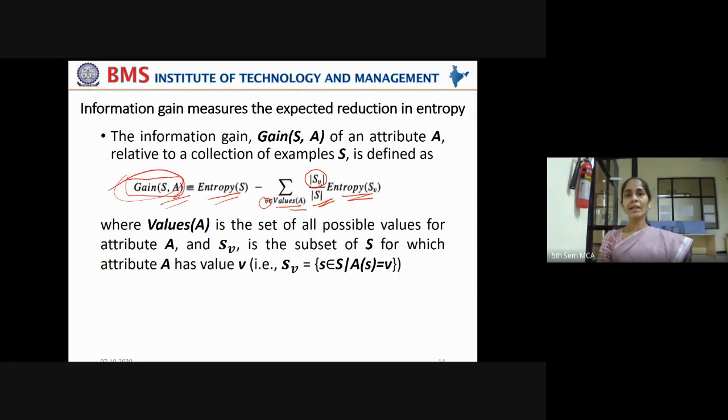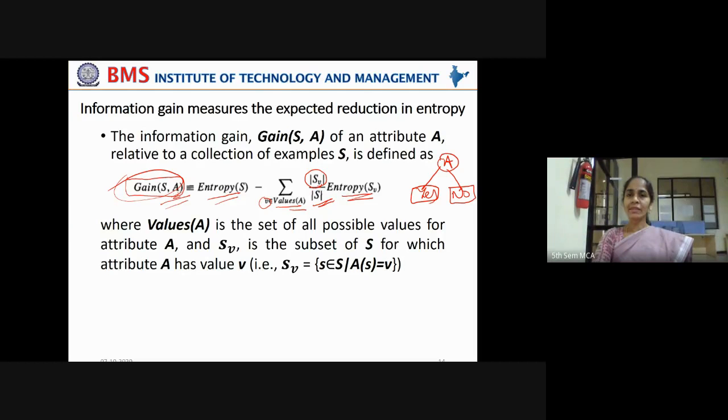I'm repeating again: calculate the entropy for the overall training set, the overall training examples. Now calculate the entropy for a particular attribute, meaning using that attribute, how well is the classification done? How pure is the classification? Or what is the impurity in the classification? Say you're taking an attribute A. Now, with that attribute A itself, you are able to classify all the training examples properly.